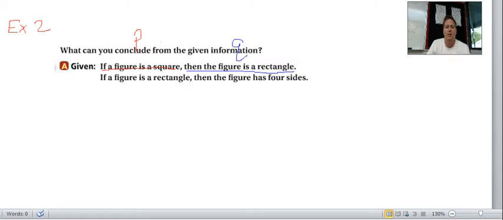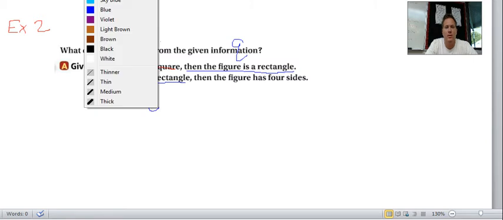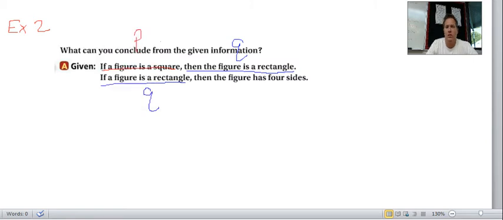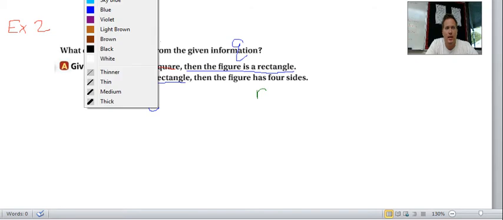And then you see how it says again, if the figure is a rectangle, so this one is repeated. So this again is Q. Then the figure has 4 sides. Let's do this one green. Then this one is going to be R right here. So what can we conclude from this? Let's do this in black.